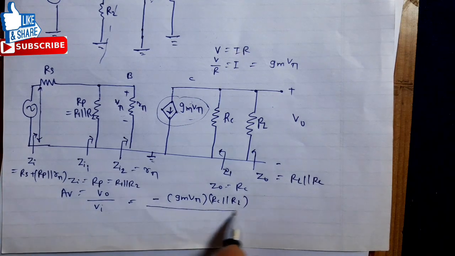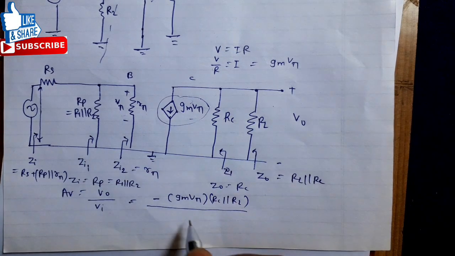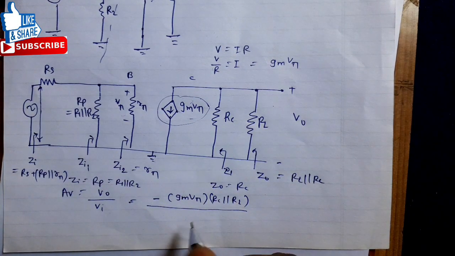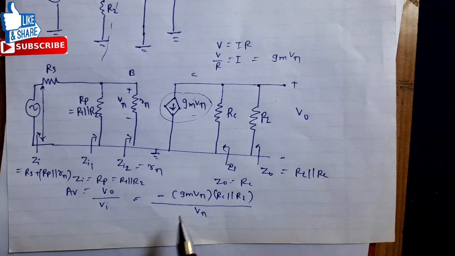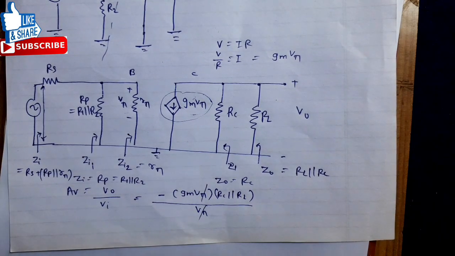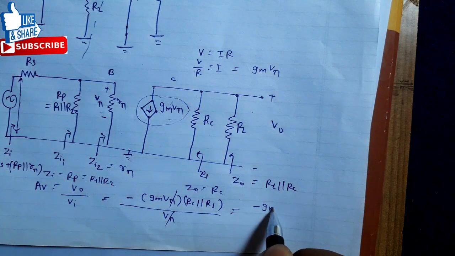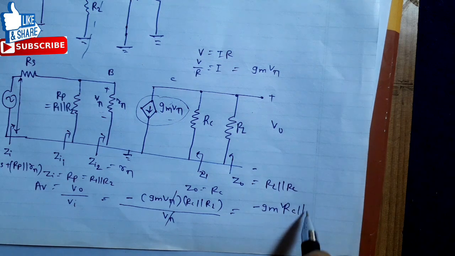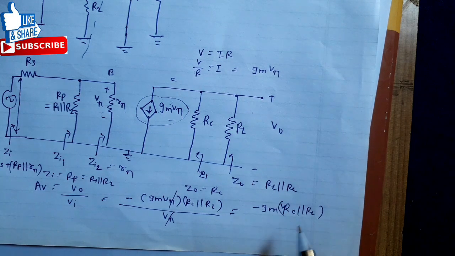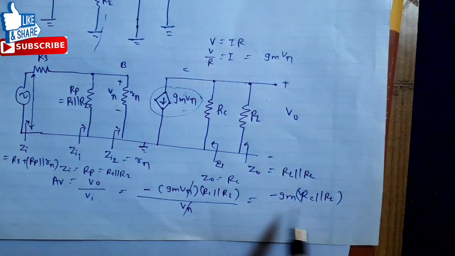The whole is divided by the input voltage, which is V pi. So here V pi gets cancelled, and the remaining is minus Gm into RC parallel RL. So this is the equation of voltage gain.